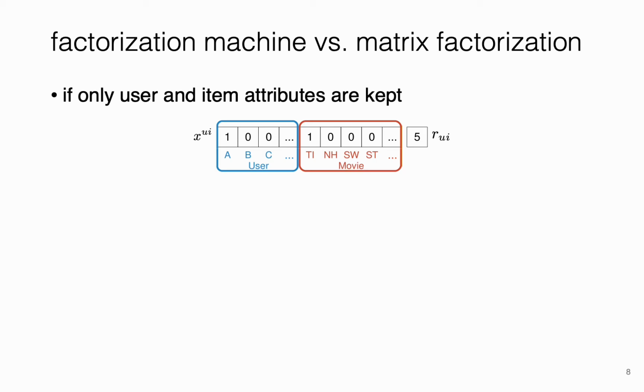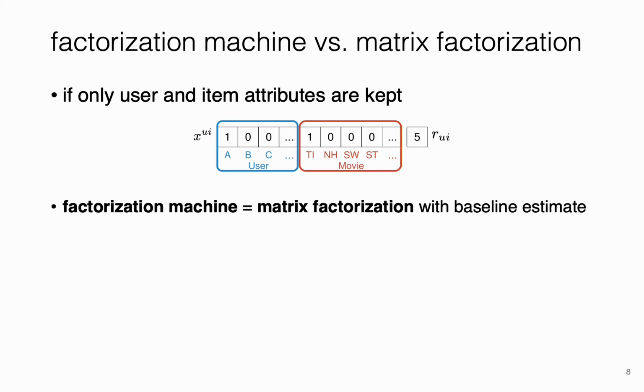We said that factorization machines are a generalization of matrix factorization. Let's try to explain this relationship. Let's assume that only the item and user attributes are kept. That is the blue and red columns. In this case, factorization machines are equivalent to matrix factorization with a baseline estimate.